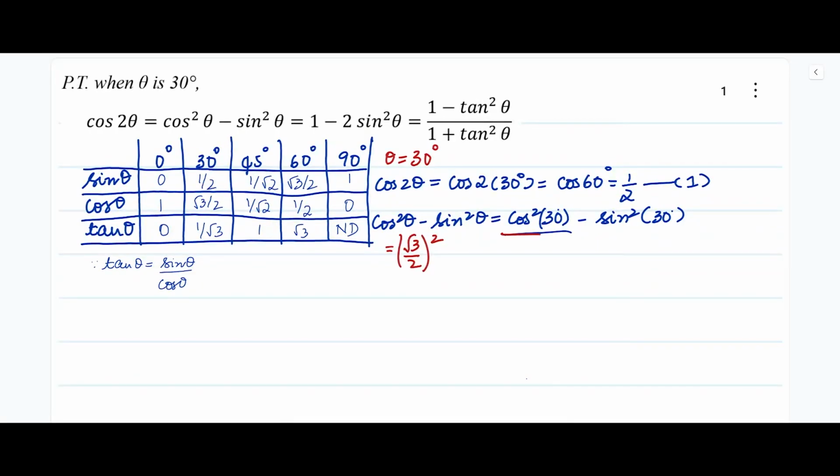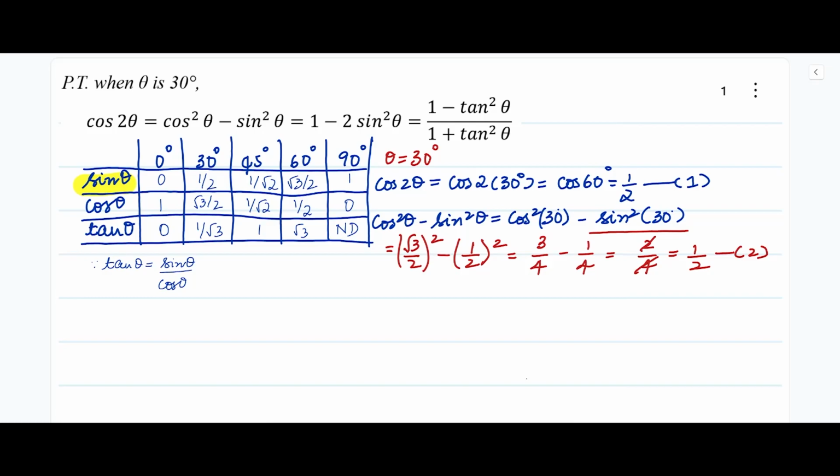Next, we have minus sin square 30 degrees. The value of sin 30 degrees is half, so we will get half whole square. This will be equal to 3 by 4 minus 1 by 4, which is equal to 2 by 4. 2 into 2 is 2, so we will have 1 by 2. This is our equation 2.